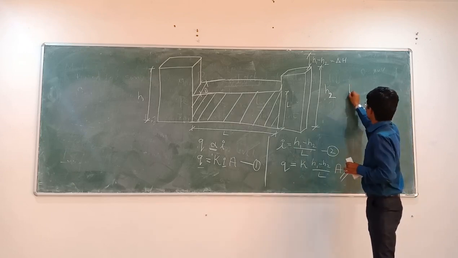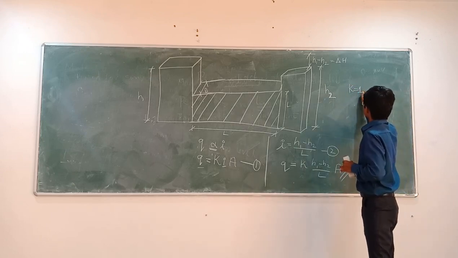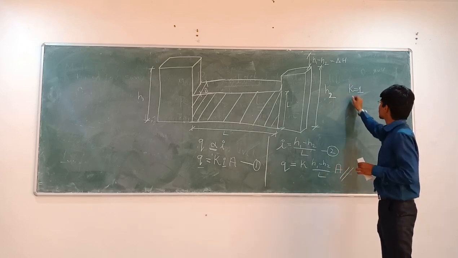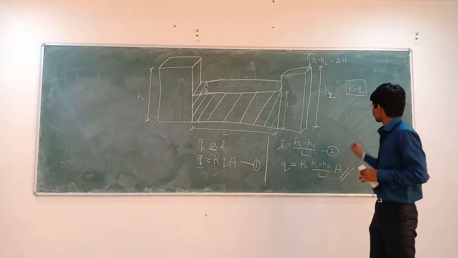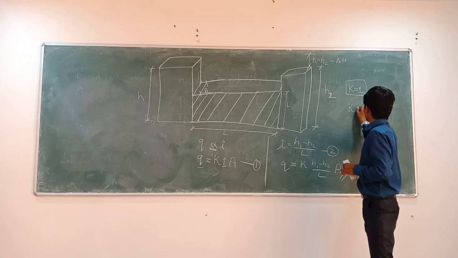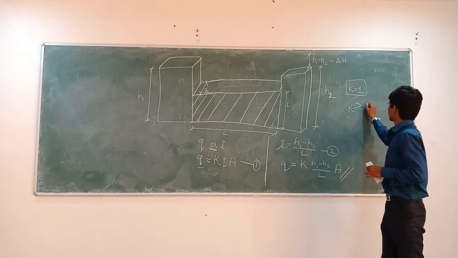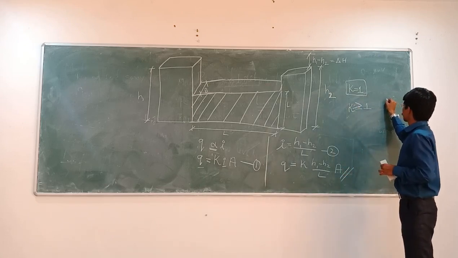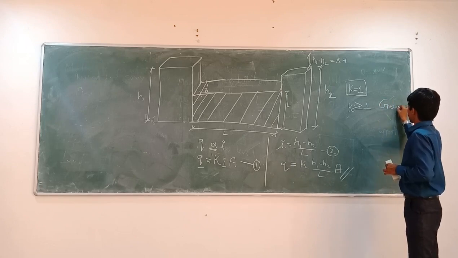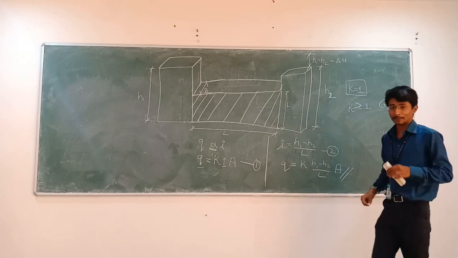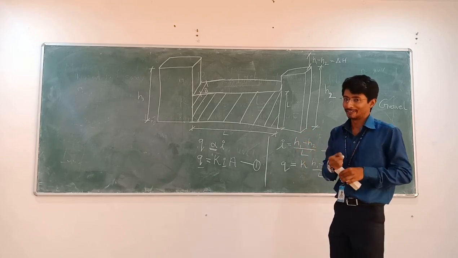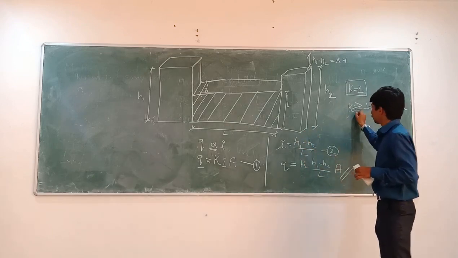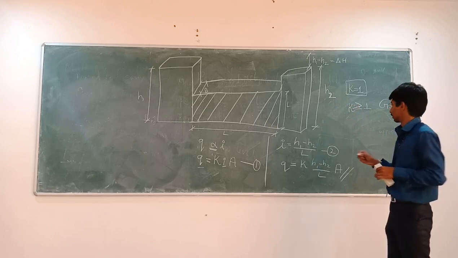If my K value is equal to 1, it can be known as simple permeability. If my K value is greater than or equal to 1, it is for a gravel. As I mentioned before, the interconnecting voids are more in a gravel, so my K value will be greater than or equal to 1.